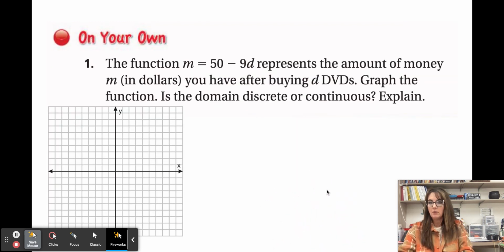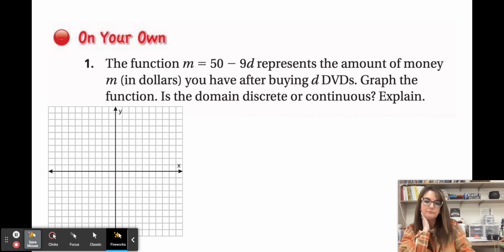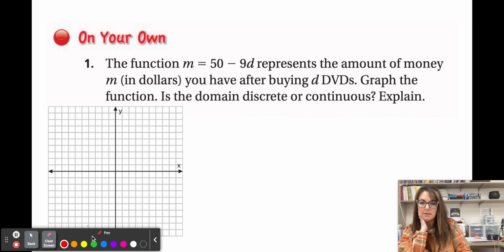All right, so on your own, the function m equals 50 minus 9d represents the amount of money, m in dollars, you have after buying d DVDs. We want to graph it and then determine if it is discrete or continuous. So let's make a table of values. Let me just get several values for input.